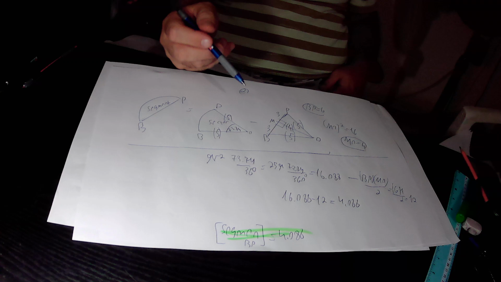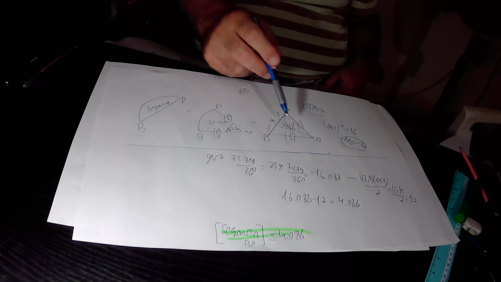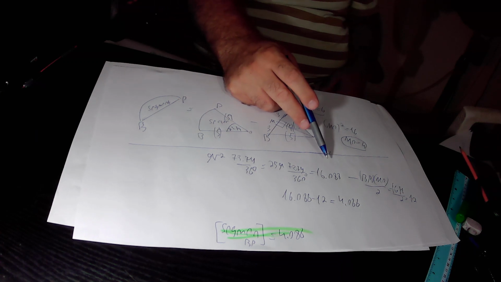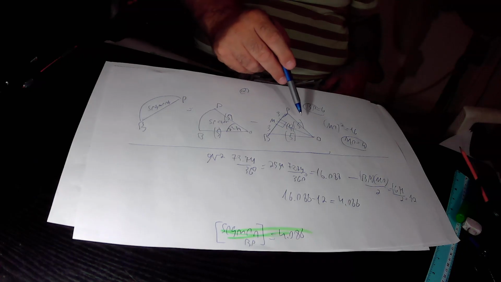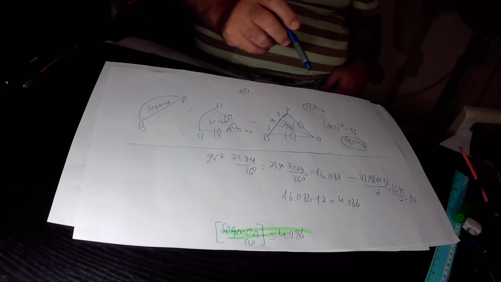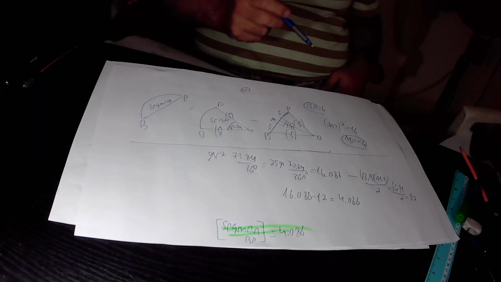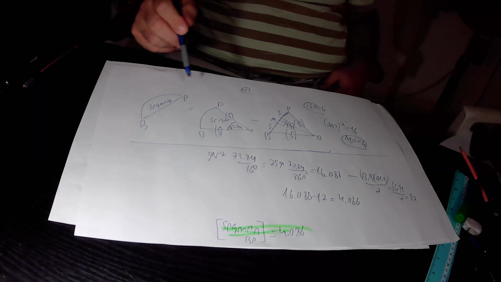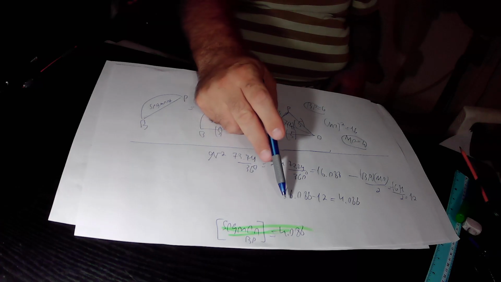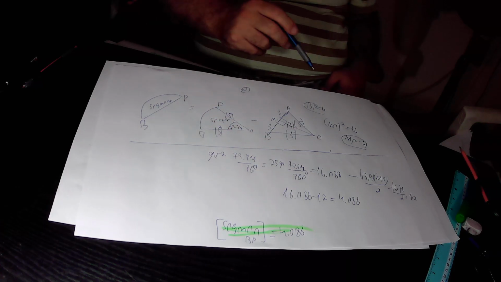So in total, the area of this sector, that is 16.088, minus the area of this triangle, that is 12, is equal to 4.088 square units. So the area of segment BP is equal to 4.088 square units in its size.